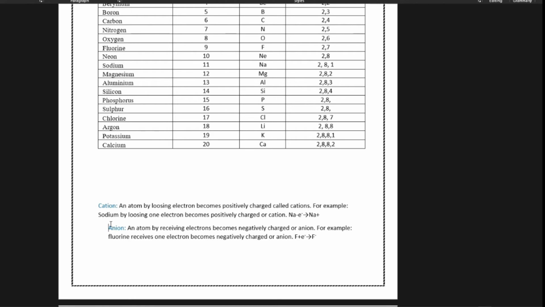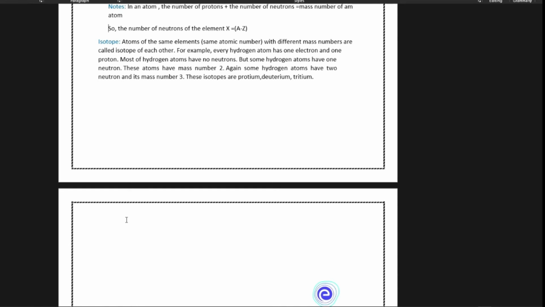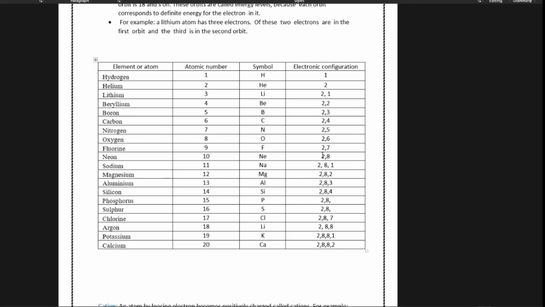Again, fluorine. Fluorine is 2, 7. So the last orbit is not filled. It can easily gain one electron to become stable.